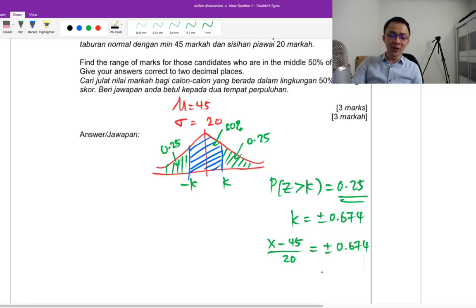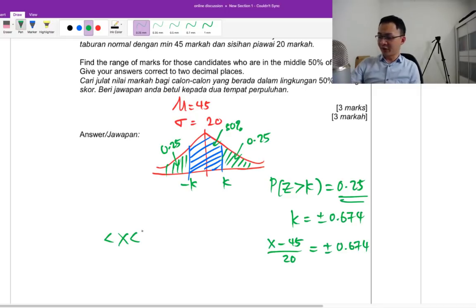So I just solve this one. Basically I will get both values, the range for x. So yeah, use the calculator. I will say 0.674 multiply 20 plus 45.